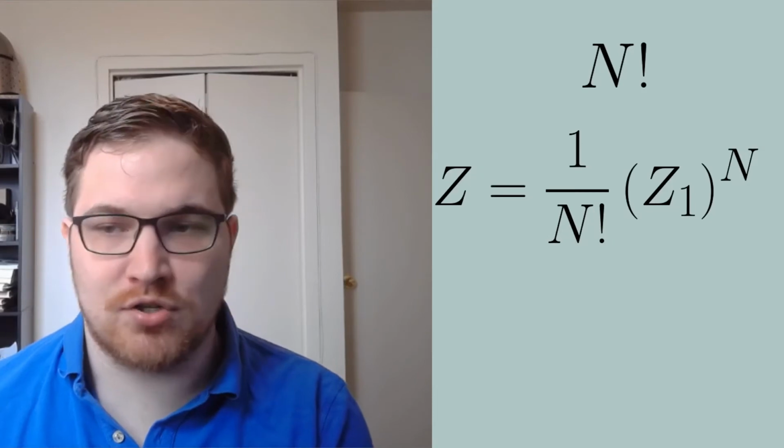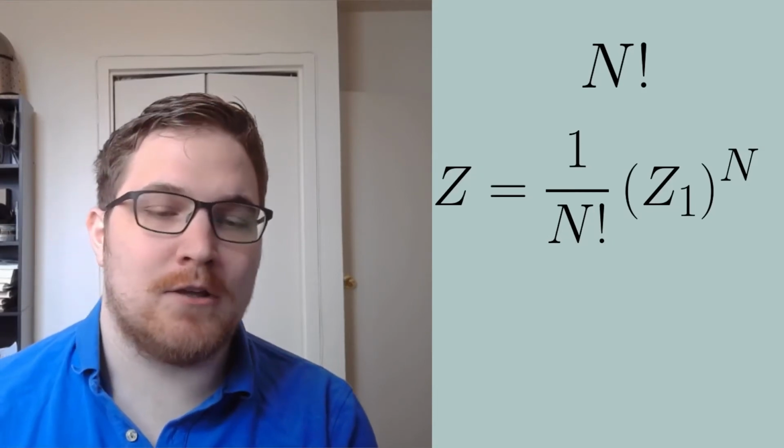This correction is actually a standard counting problem. How many ways can we distribute N energies to N particles? The answer is N factorial, the total number of permutations. From here, to avoid overcounting, we can now say that the partition function can be written in terms of the single particle partition function.